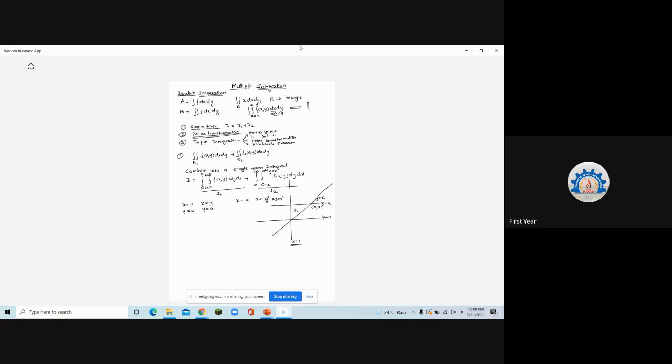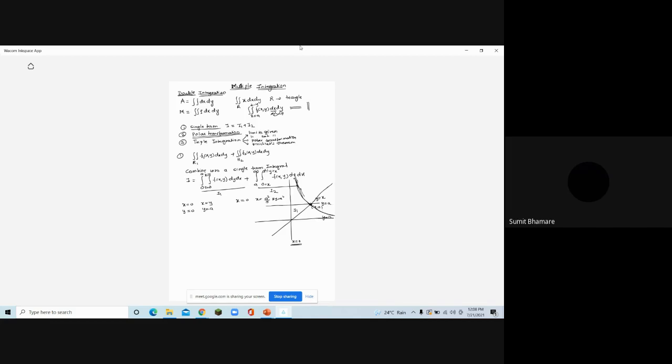Will it pass through a comma a? Yes. So it will be passing from here and it will be like this. It will come from the top and pass through a comma a, rectangular hyperbola. This side it will go to x is infinity, and this side above, y is infinity. Is that okay?